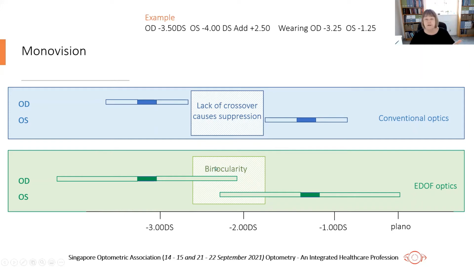So if you've got somebody who's got -3.50 in one eye, -4 in the other, you get an overlap, even if you're wearing it as more of a monovision type of lens, because the depth of focus is extended, you get more stereopsis. And what I will say is that with almost any other lens type, if you've had somebody in monovision and they've got suppression, it's very difficult to get them back into seeing binocular vision again.